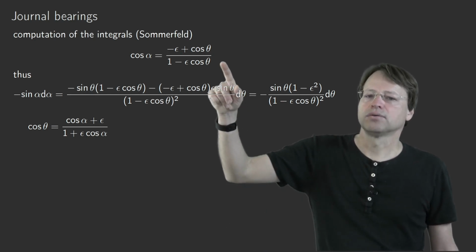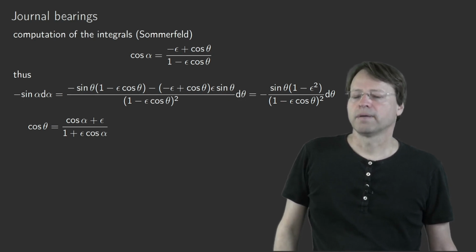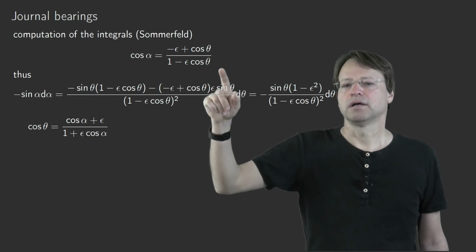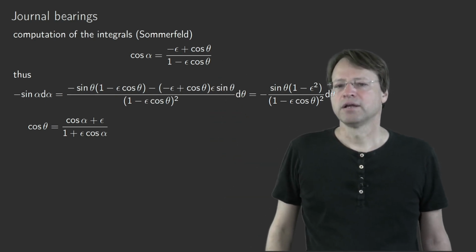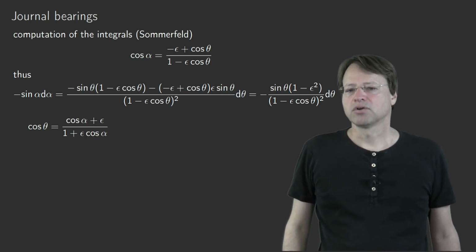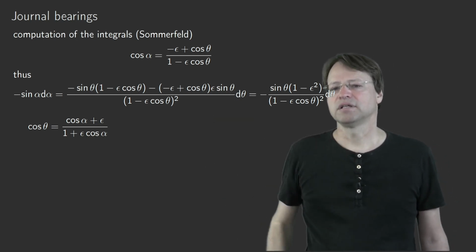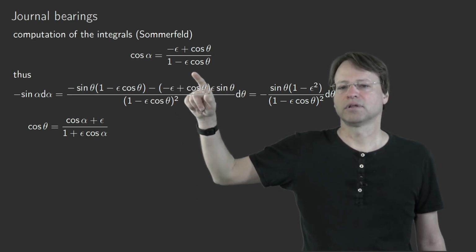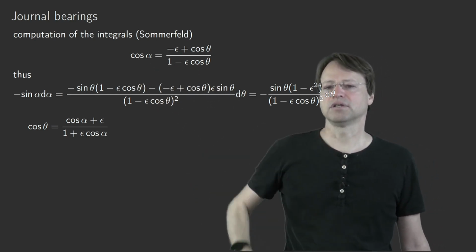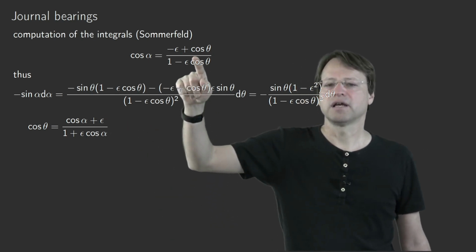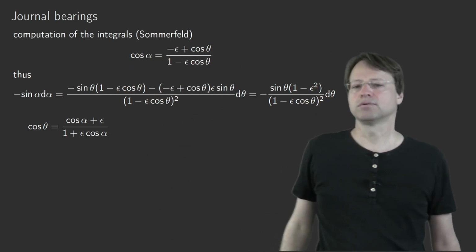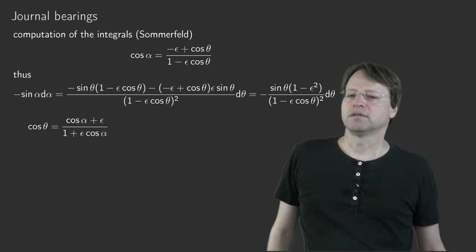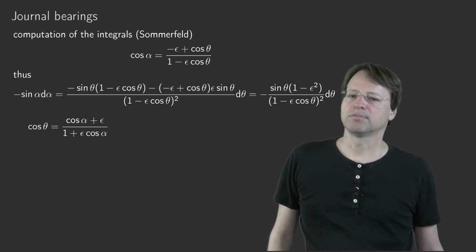You have another cosine theta there, so you put the term that is epsilon cosine theta on the other side to the cosine theta to get 1 plus epsilon cosine alpha, and then you divide by the leading factor. The remaining term is then just a cosine alpha from the multiplication of the cosine alpha with the denominator, that one here, and a plus epsilon which goes to the left-hand side, therefore with the positive sign, and then you get this numerator. So this is easy to obtain.